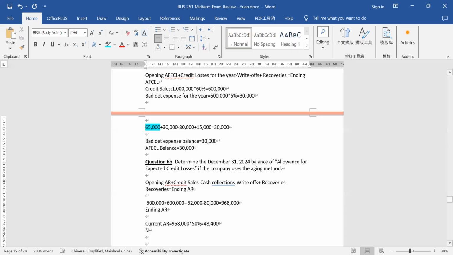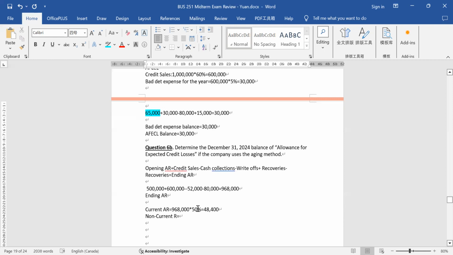And then you got, and for the non-current, it's the same, right? And but 10% is of the current receivables are overdue.